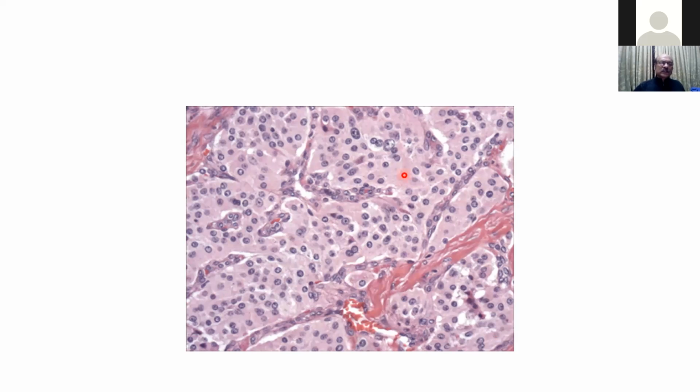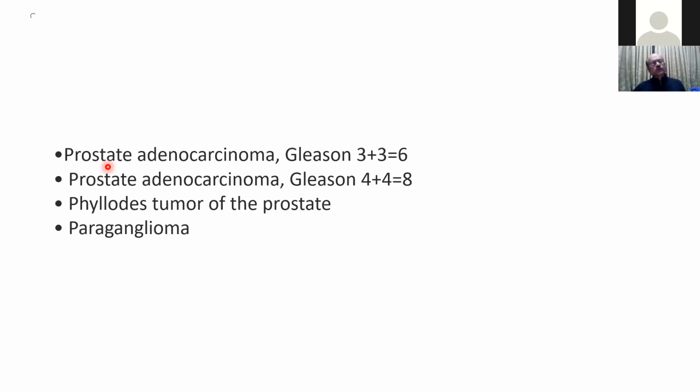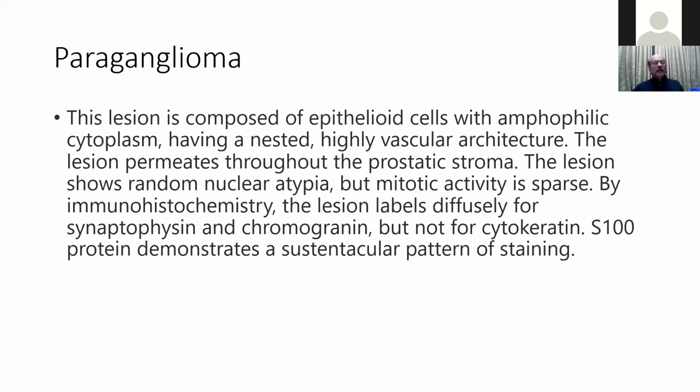They have abundant cytoplasm and they have an organoid pattern. So the choices are prostatic adenocarcinoma Gleason 3+3, 6, prostatic adenocarcinoma Gleason 4+4, 8, phyllodes tumor of the prostate, and paraganglioma. So these four are choices, and the diagnosis is paraganglioma.